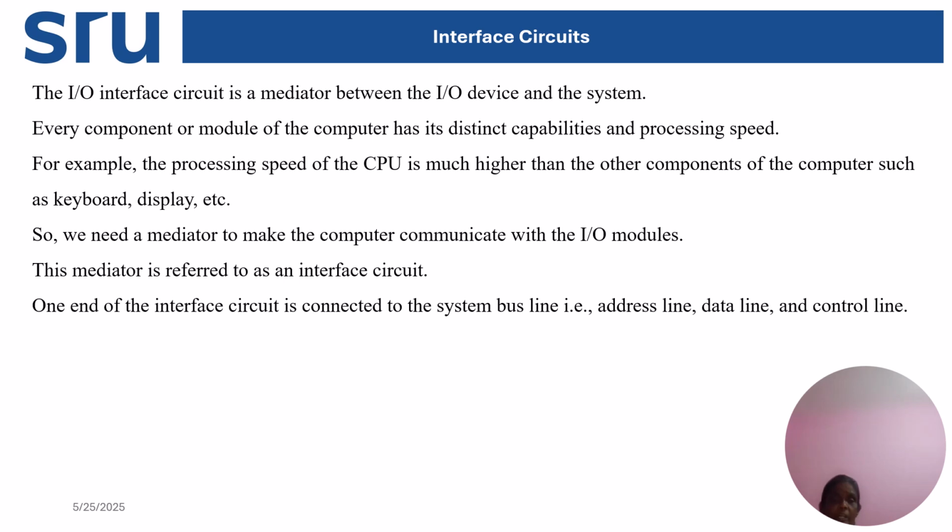And then interface circuits. An interface circuit is a mediator between the I/O device and the system, the I/O device and the CPU. Every component or module of the computer has its distinct capabilities and processing speed. The computer will have several components like a keyboard, printer, memory, so many modules available inside the computer box.